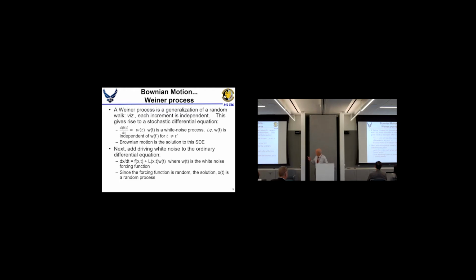We have a basic differential equation. We're going to add to that a stochastic component. The stochastic component is a Wiener process. The derivative of the Wiener process is normally distributed. It's like a random walk, which we're using. And then you write a differential equation, which looks like in that second bullet, dx/dt is f of x, t plus L of, basically what you're saying is that there's a differential equation that describes sort of how you're getting closer.